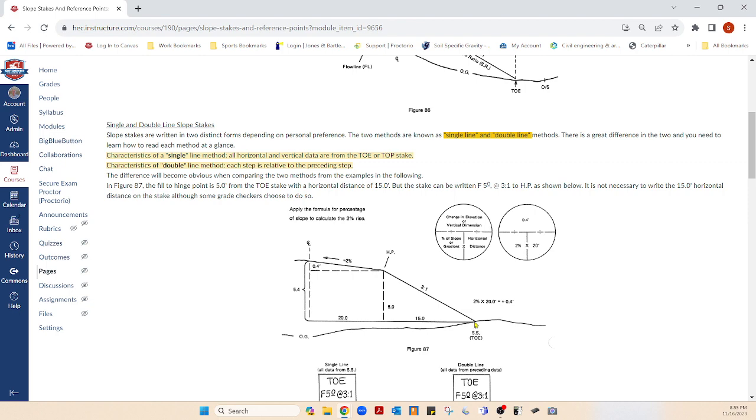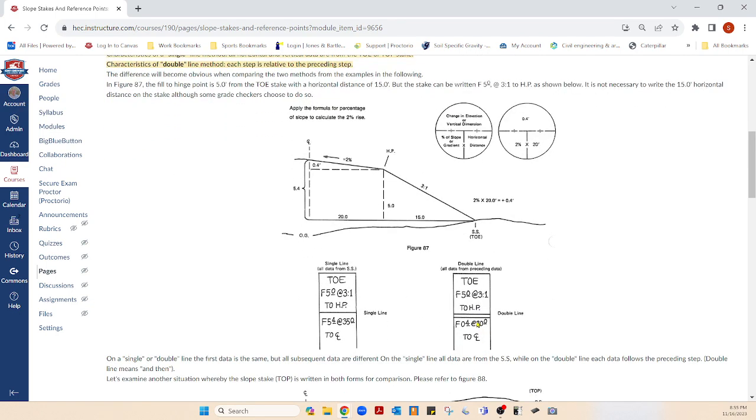In this case, all of these stakes are not going to be single line, especially after this telling you everything. Once you're told where to set this, there will be a double line, and then everything after will be single line. So in this case, though, it says toe, fill 5 at 3 to 1.